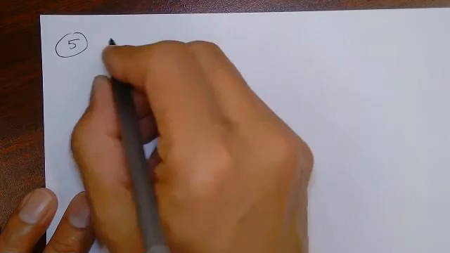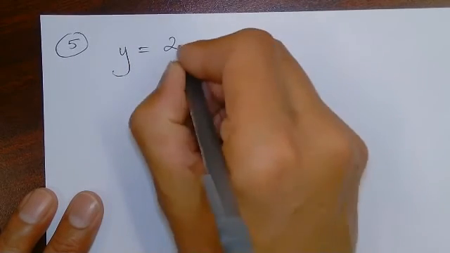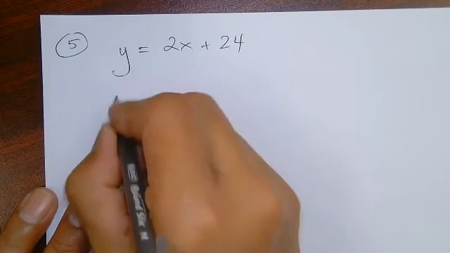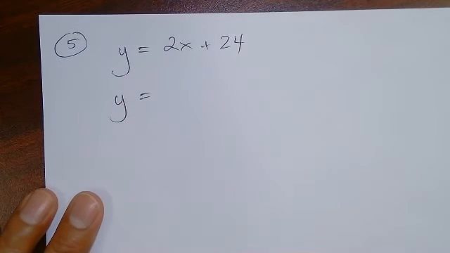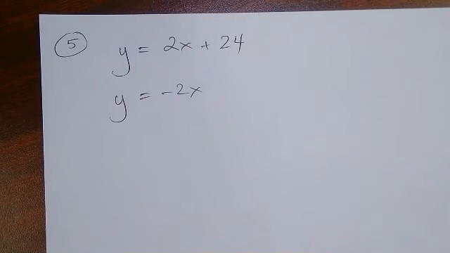Okay, here's the system. Y is equal to 2x plus 24. And y is equal to negative 2x.